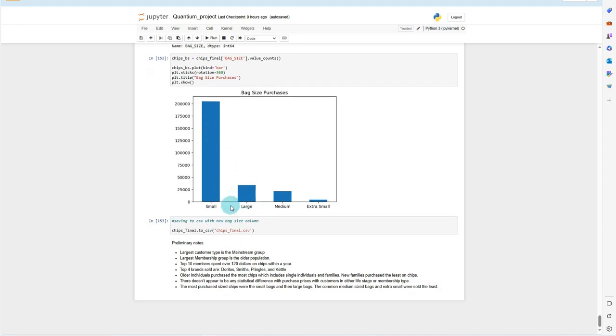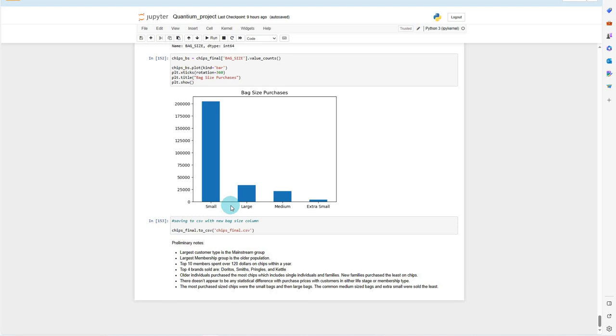So then I have my conclusions, my preliminary notes. The largest customer type was mainstream. The largest membership group was the older population. If you combine all the older segments together, that was definitely the largest membership group. The top 10 members spent over $120 in chips a year. The top four brands were Doritos, Smith's, Pringles, and Kettle.